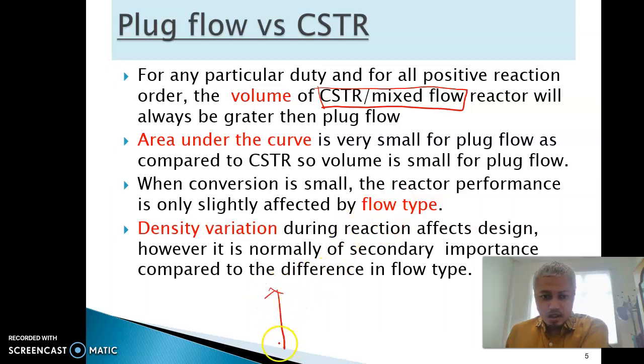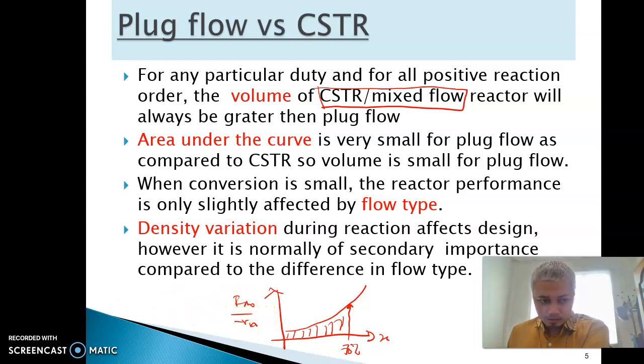Let me give you a clue. Okay, this is the clue. We have learned that for PFR, it is the area under the curve. Let's say we have this conversion, 70% conversion. This is the conversion. This is FA naught over negative RA. So bear in mind, this is the graph that you need to plot.